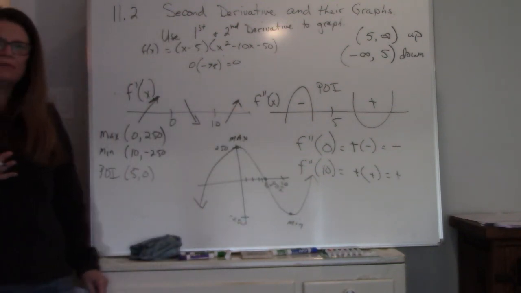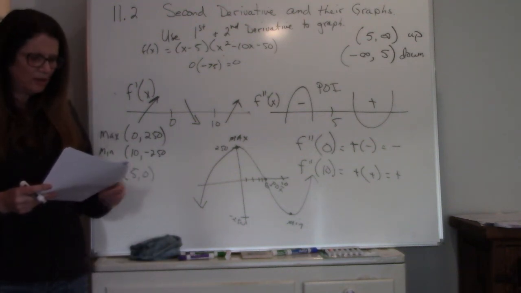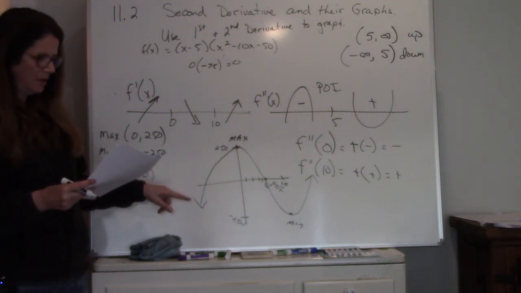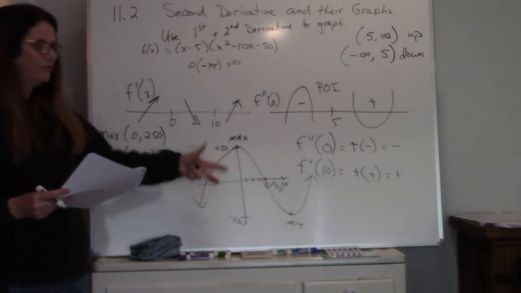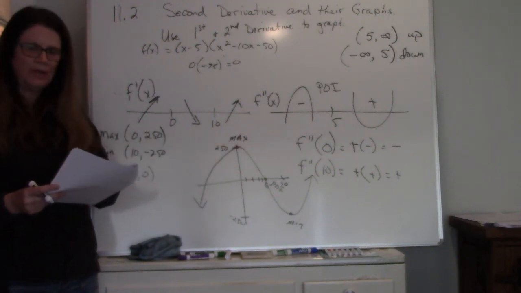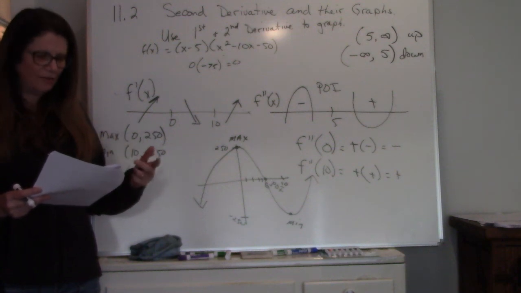So that gives you an idea of what the graph looks like. And now you can go through, and on this particular one, I can eliminate B and D, because B and D, it's flipped. So look at what your graph is doing, eliminate, and then you can just concentrate on A and C. And in this case, the graph is A.